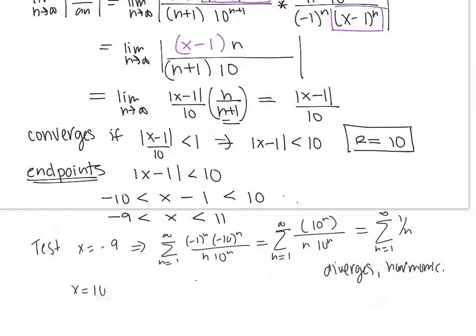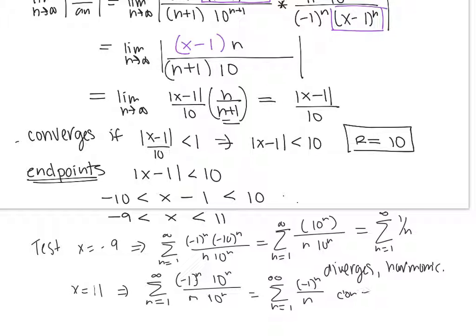And x equals 11, excuse me, not 10, 11. At x equals 11, we get the sum from n equals 1 to infinity, negative 1 to the n, 10 to the n over n times 10 to the n. And that's the sum from n equals 1 to infinity, negative 1 to the n over n.